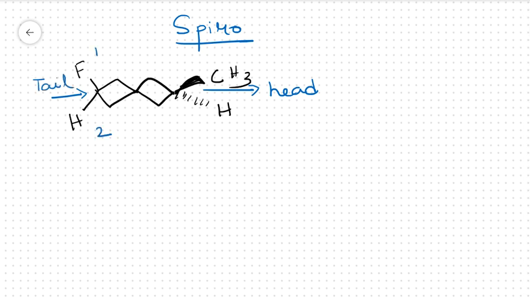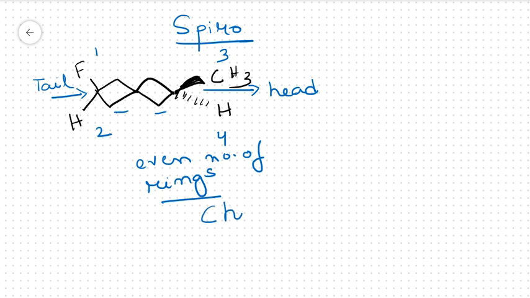So we have to look. This is 1, 2, 3 and 4. So this is an even number of carbon rings. So even number of rings are there. So it will be chiral. So we will configure it.